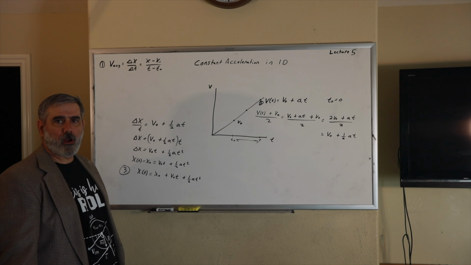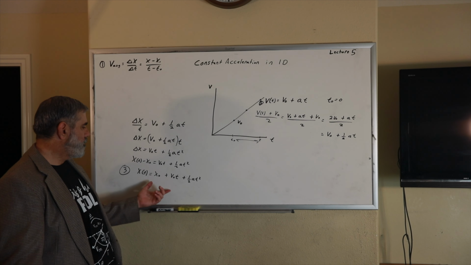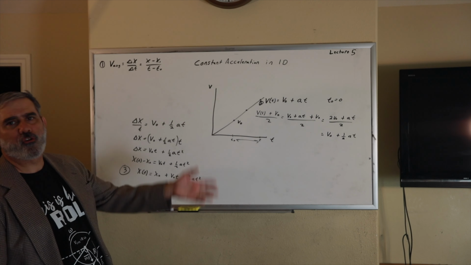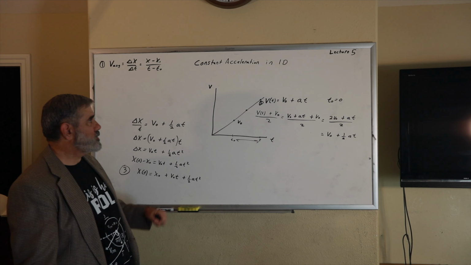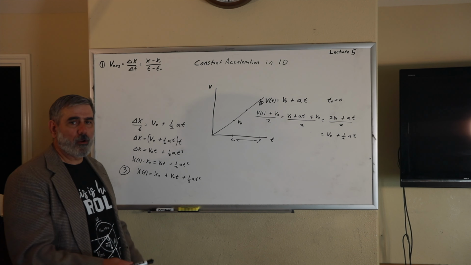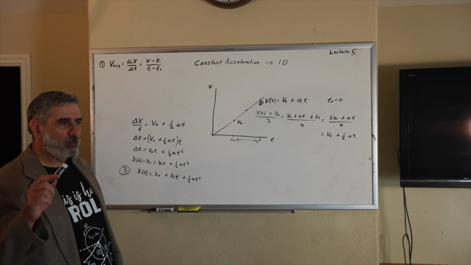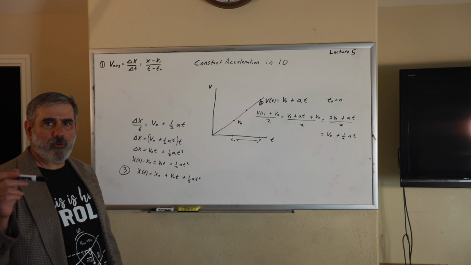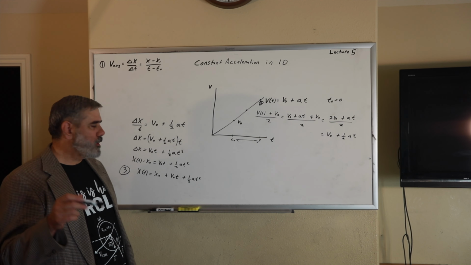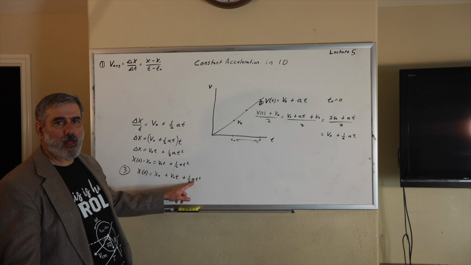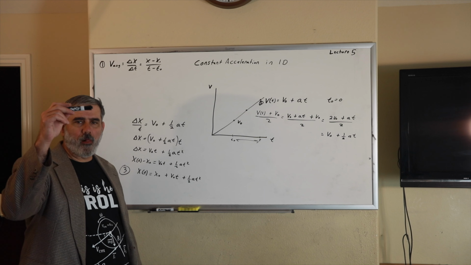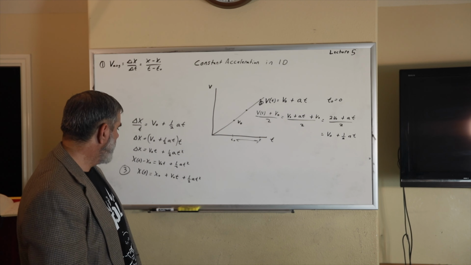And in the next lecture, we'll talk about a special case where we can manipulate this and solve for the time it takes to fall from a tree, for example. So why is this useful? Well, because we'll find out later that the gravitational acceleration near the surface of the Earth is approximately a constant. And so we can use a constant value to calculate things related to falling objects near the surface of the Earth.